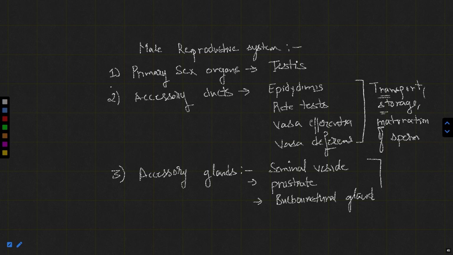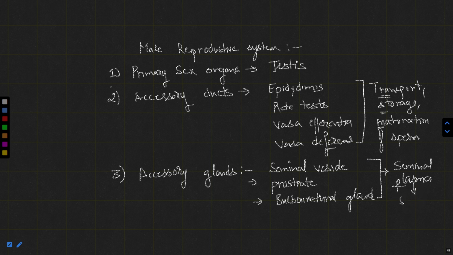So what is the function of accessory glands? These glands form the seminal plasma. So this seminal plasma consists of fructose. Okay, so there is fructose in this. Calcium is also present in seminal plasma, and seminal plasma is one of the components of the semen.